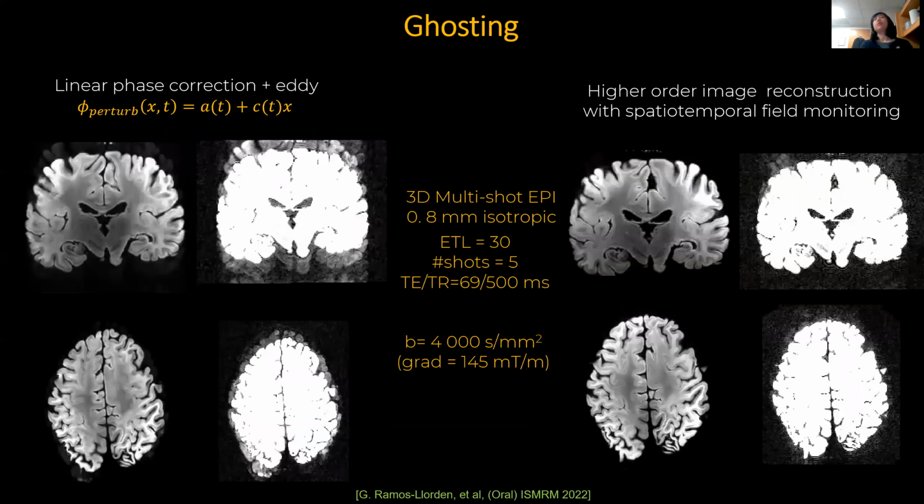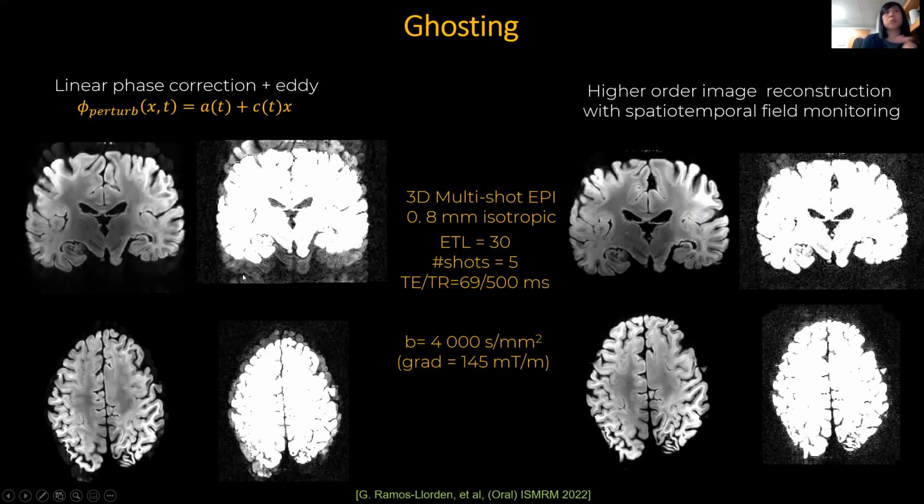So to give you a flavor and hopefully a preview of what's to come, especially as we'll be presenting this at ISMRM: when we don't account for these spatially varying magnetic fields, if we just assume a linear model, which is typically what's done with the standard online image reconstruction systems, you'll see that there's very profound residual ghosting in the diffusion weighted images.